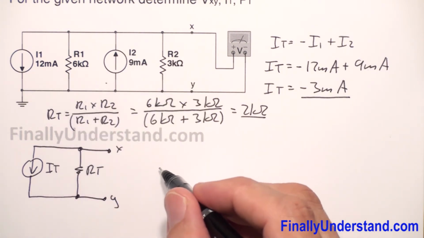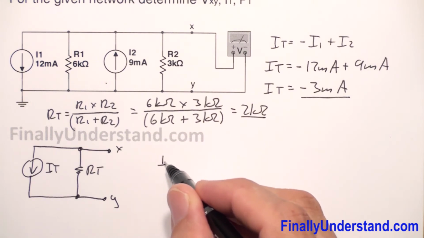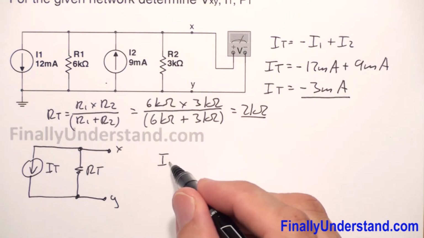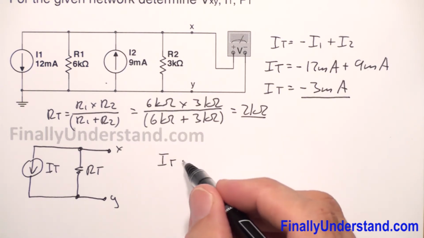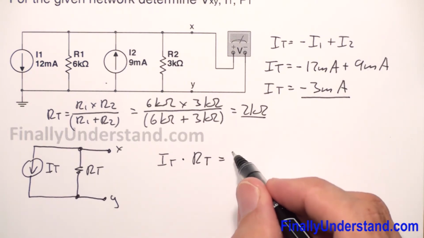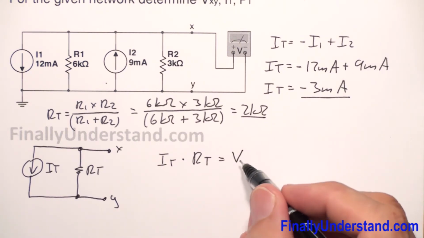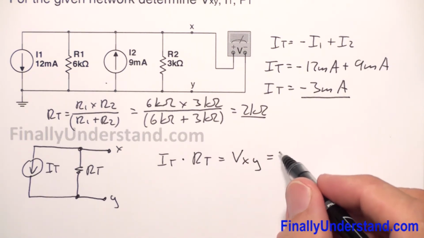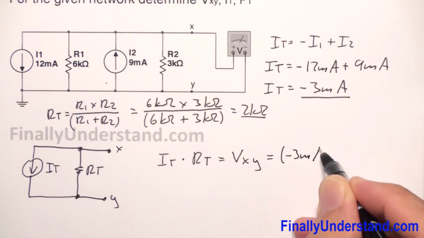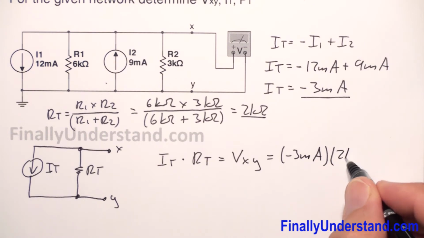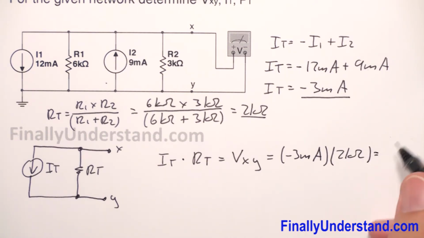So I total times resistor R total is going to give me Vxy. Okay, so I total is negative 3 milliamps times R total, which is equal to 2 kilo ohms. This is equal to negative 6 volts.